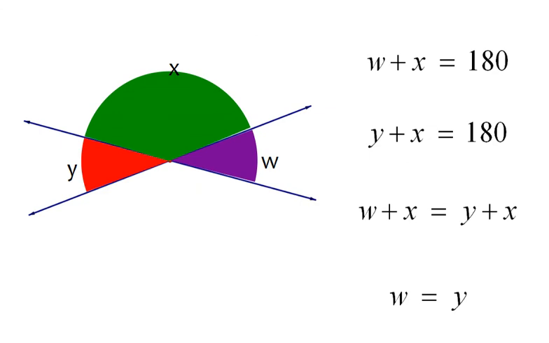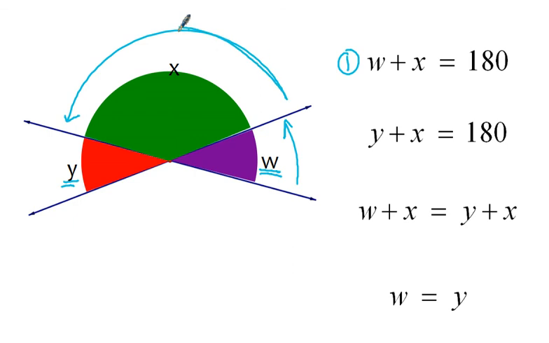Okay, here's a recap, just so you see everything on one screen. w and y are vertical angles in the picture, and we'd like to prove they're congruent. So the first thing we said was that w and x together make a half turn, so they make 180 degrees. Secondly, x together with y also makes a half turn, so those also equal 180.